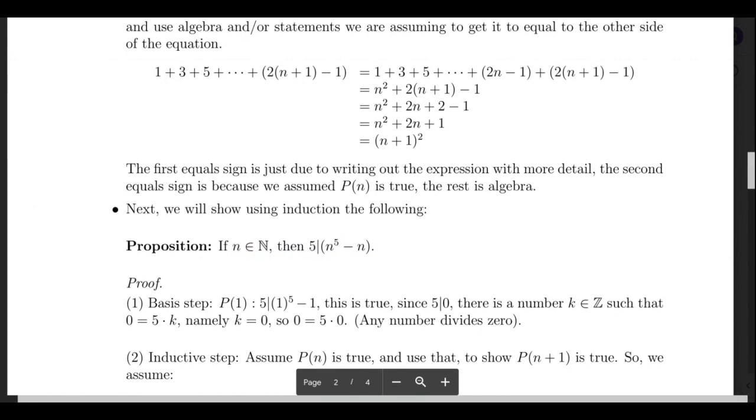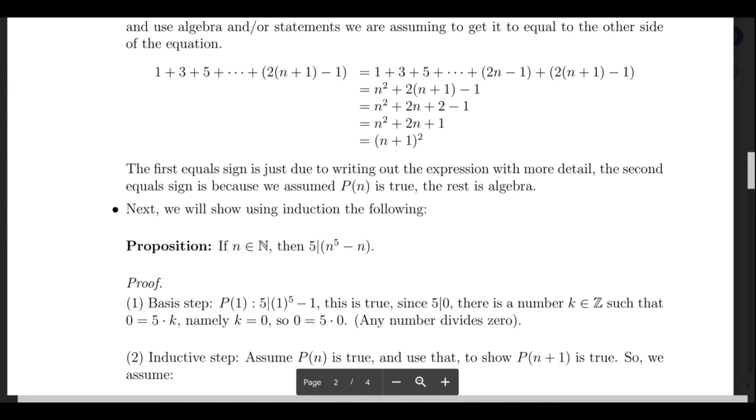Then what do we have to do? We prove it's true for K plus 1. Remember, K is an arbitrary number. So if we assume it works for K, it works for the next one. That's how the proof is done.